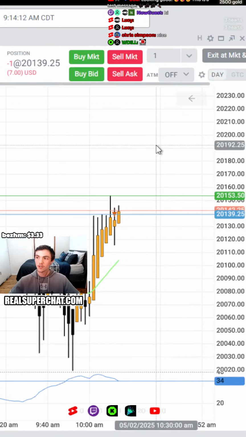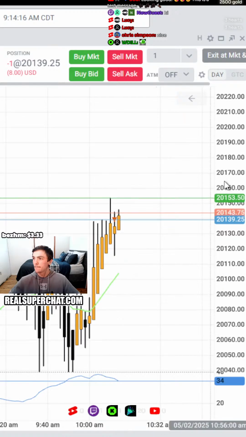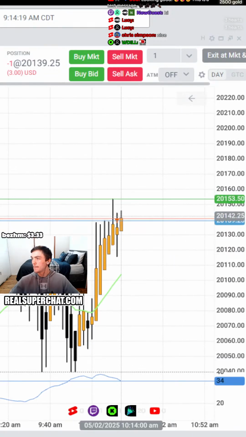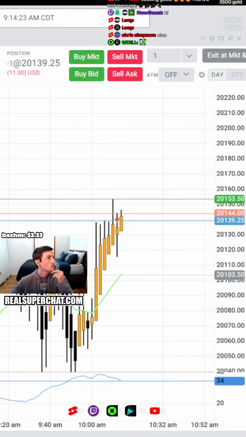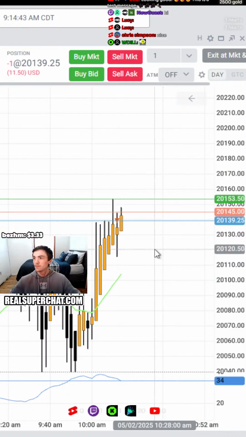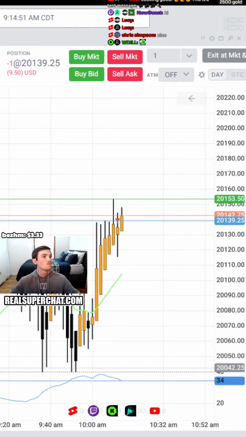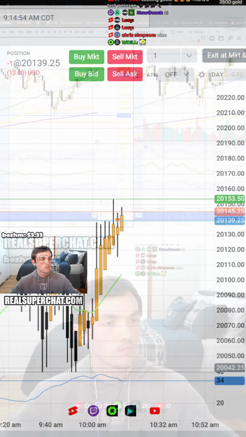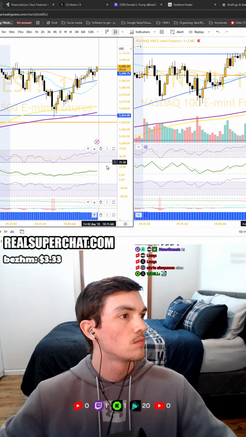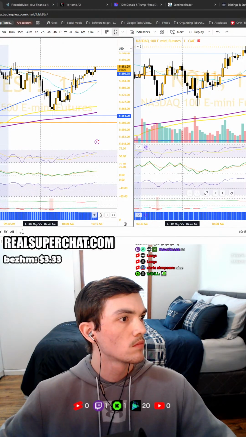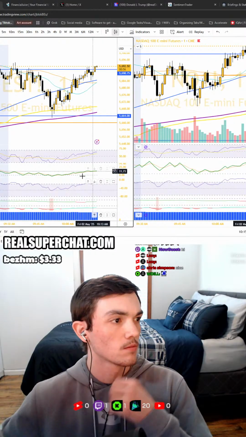Looks like one more leg up before it drops. The Scotch RSI is overextended, 120 day.